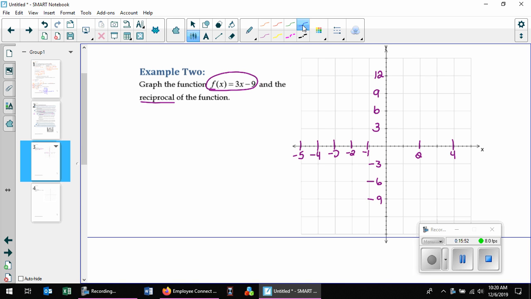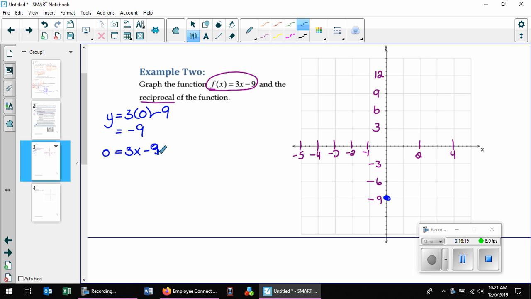Intercept method just means I'm going to graph by my y-intercept. I'm going to graph my x-intercept. So for my y-intercept, it's going to be -9, right? We're just going to cross the y-axis at -9. For my x-intercept, is it a +3?